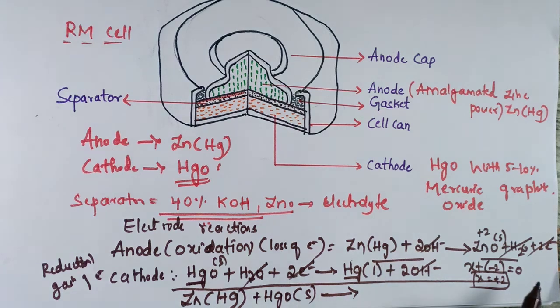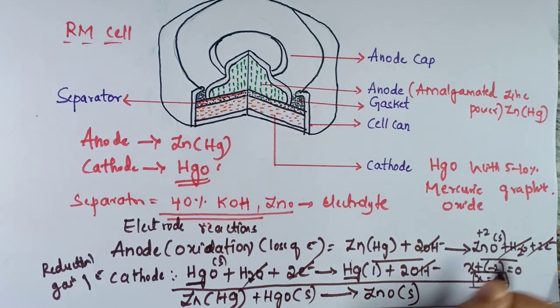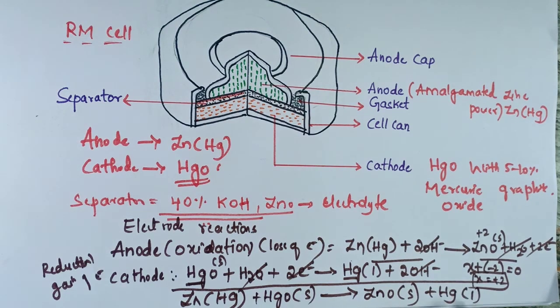On the product side, ZnO, that is solid, remains, and in the reduction, Hg remains, that is liquid. See, Zn plus HgO will give rise to ZnO plus Hg.